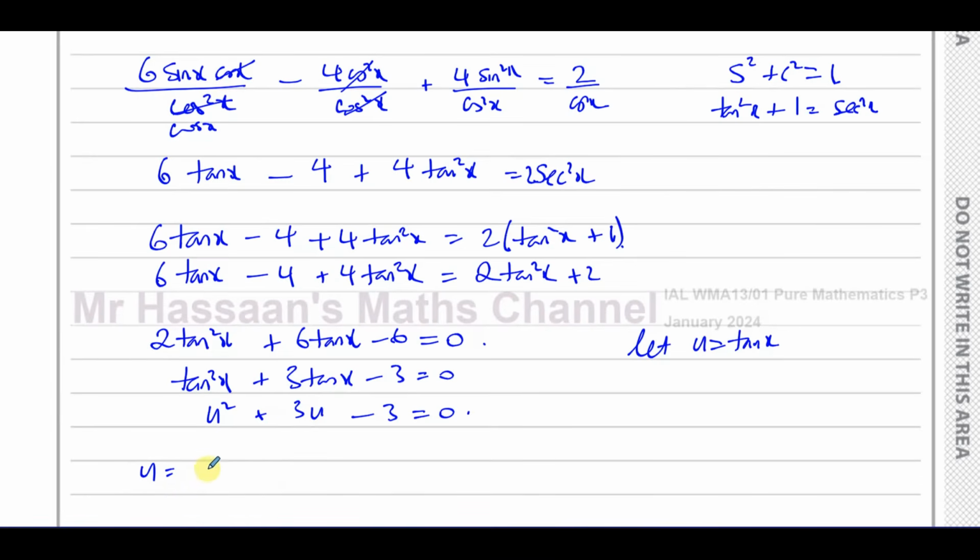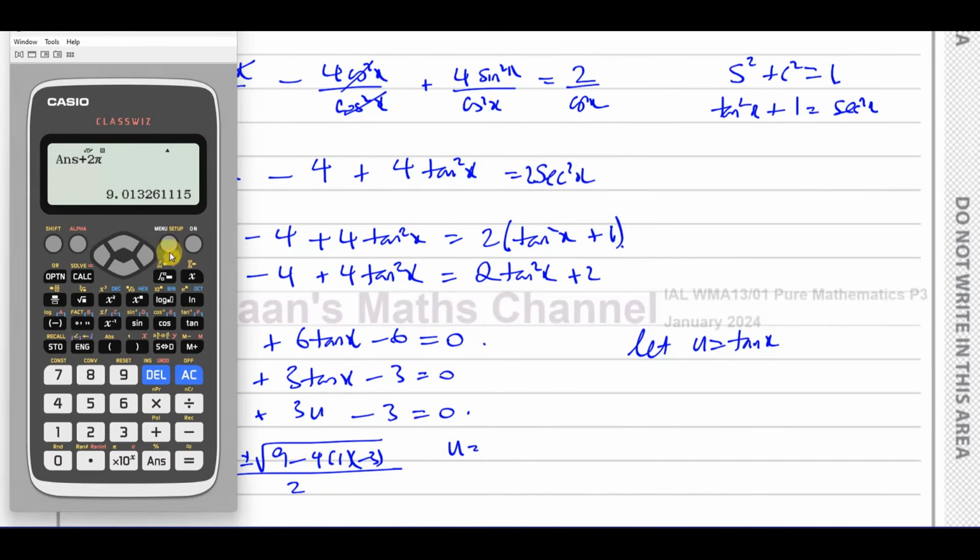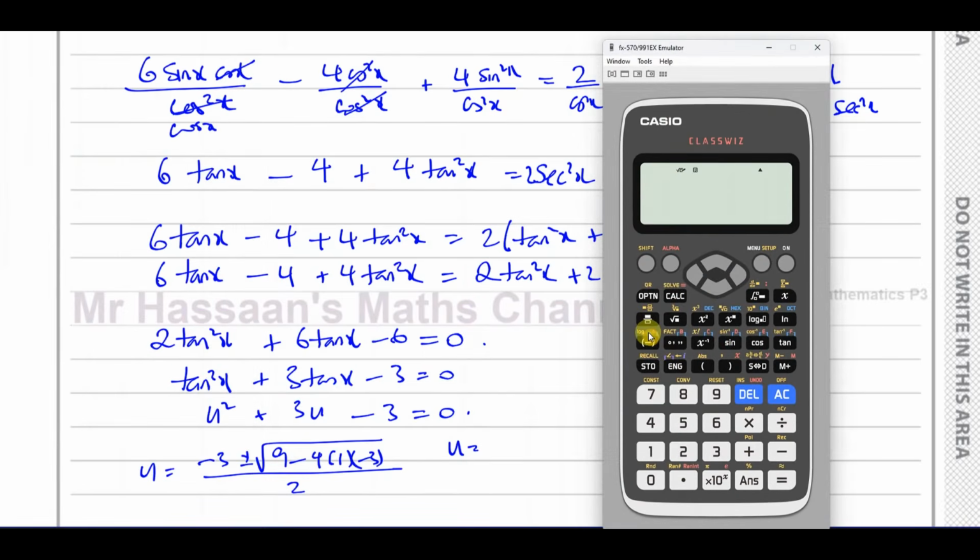So I can say minus b, which is minus 3, plus or minus the square root of b squared, which is going to be 9 minus 4 times 1 times minus 3, all over 2 times 1. So u is going to be equal to, let's have a look. You have minus 3 plus or minus the square root of 9 plus 12, right?